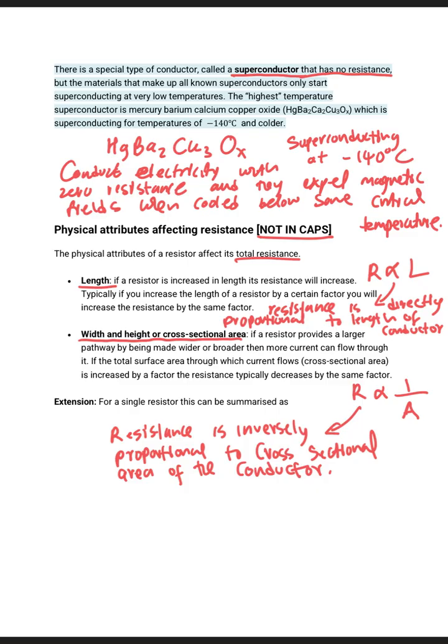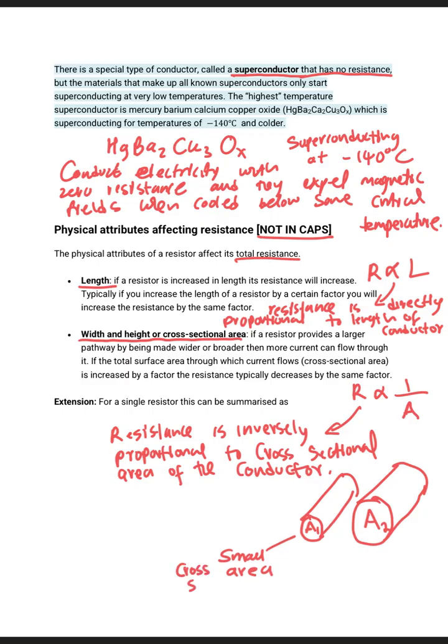We can visualize this. Here I have a conductor, and this is the cross-sectional area, and then I have another small conductor. The area is small, so I have A1 and A2. This one has a small cross-sectional area, and this one has a bigger cross-sectional area.